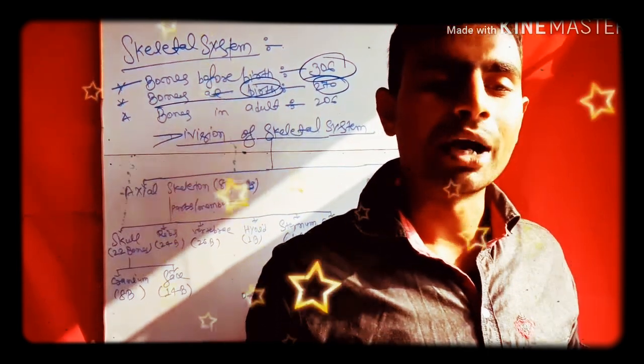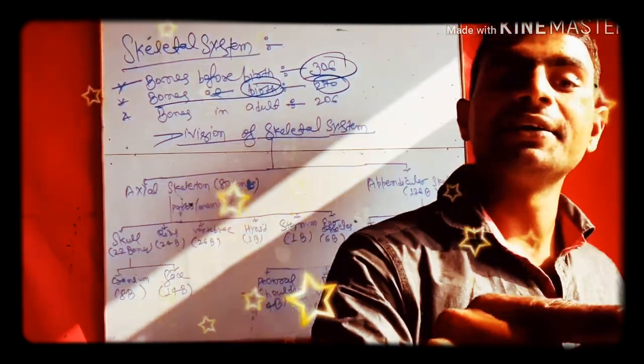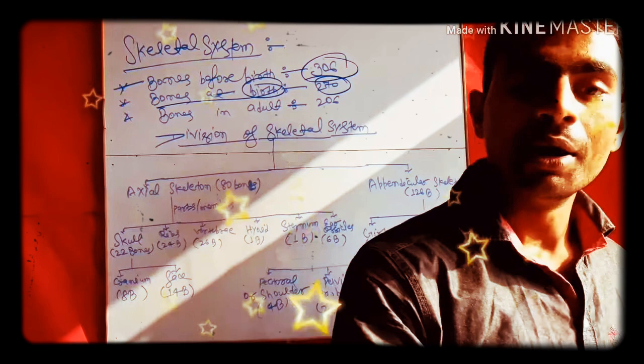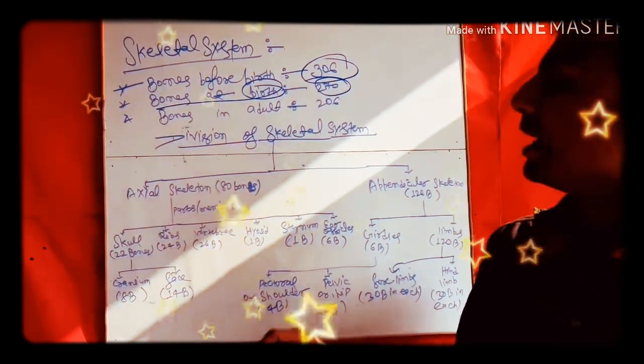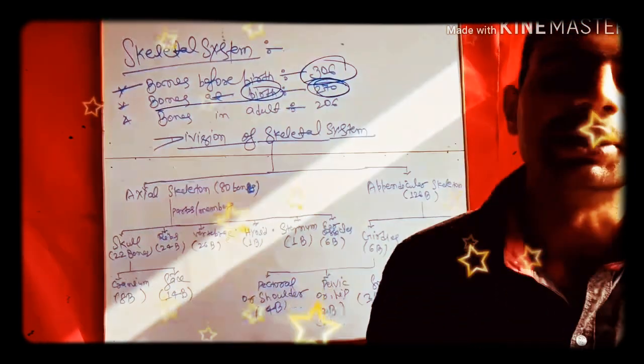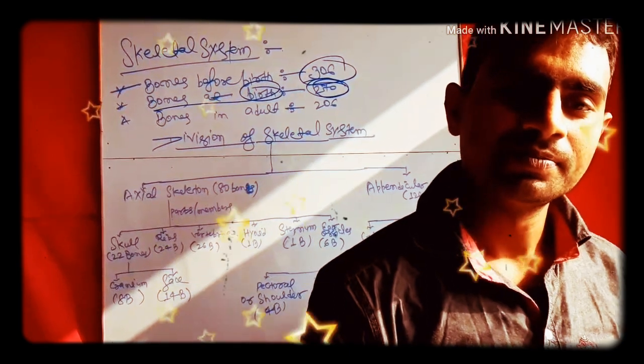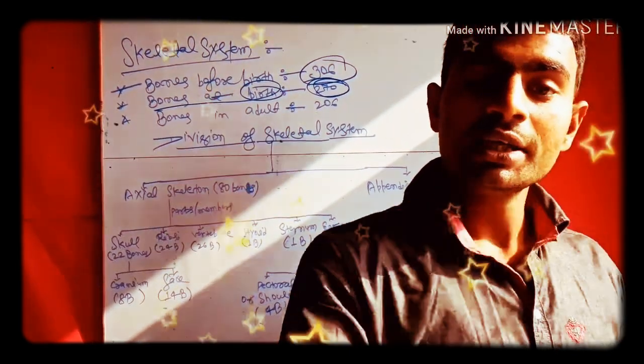At that time, the number of bones is 270.